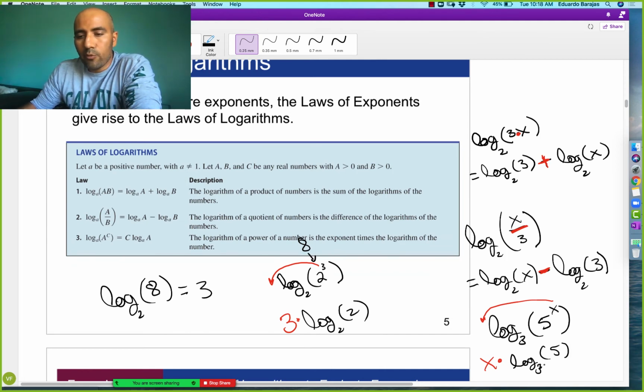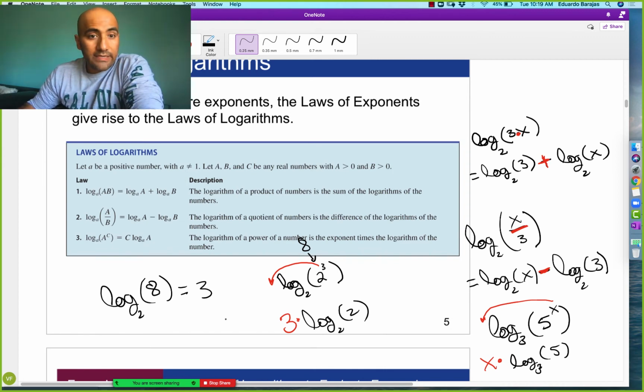So this is a really important property because it allows us to solve for whatever exponent is in there. We get to rewrite it as something that does not involve an exponential power. We'll see how that's useful in the next section. But it is a really important property of logs.